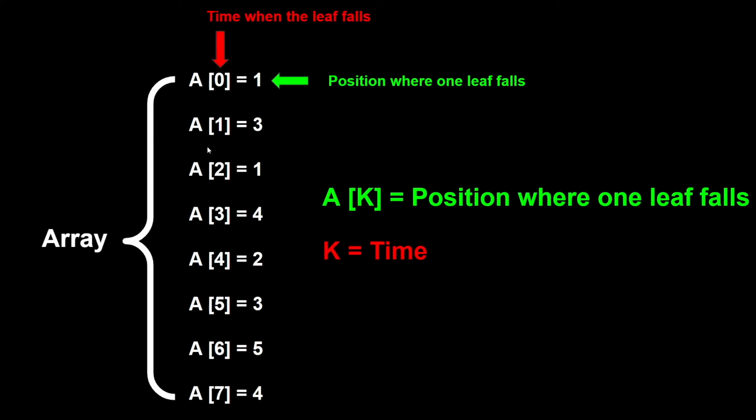We have A[1] equals 3, A[2] equals 1, A[3] equals 4, 2, 3, 5, and 4. So in this question, we have to find out at what time the frog can fully cross the river, so when all the leaves have fallen.